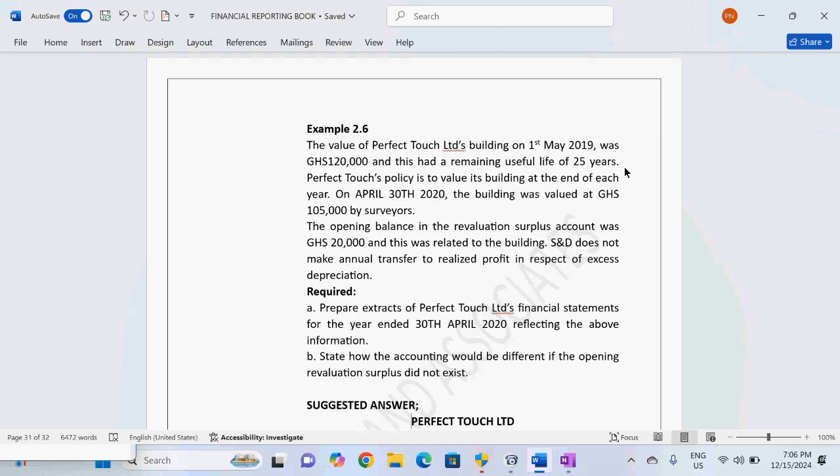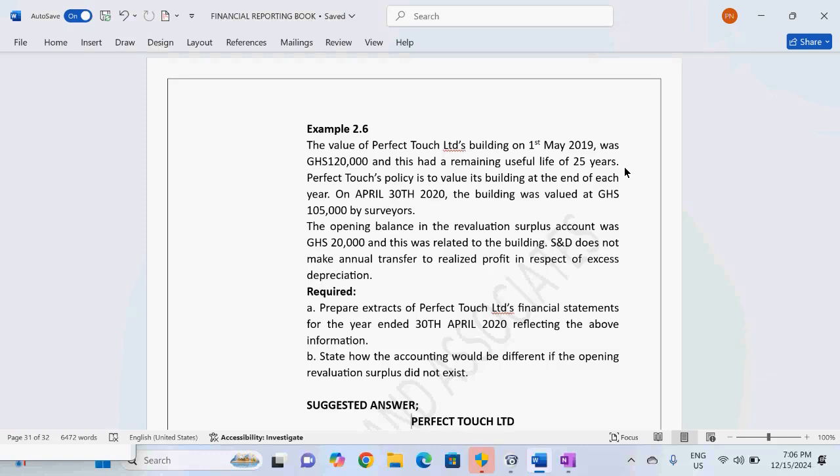Example 2.6. The value of Perfect Touch Limited's building on 1st May 2019 was 120,000, and this had a remaining useful life of 25 years. Perfect Touch's policy is to value its building at the end of each year. On April 30, 2020, the building was valued at 105,000 by surveyors.